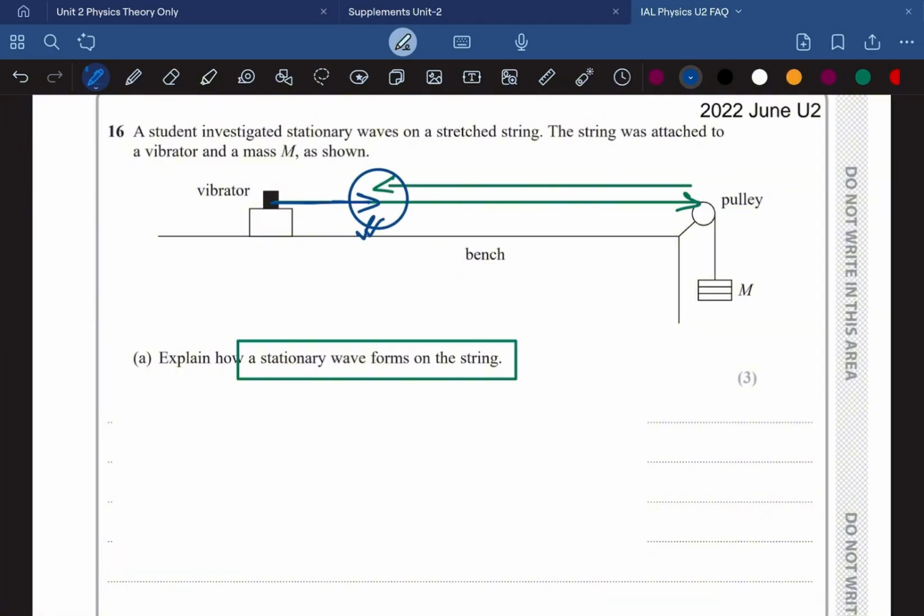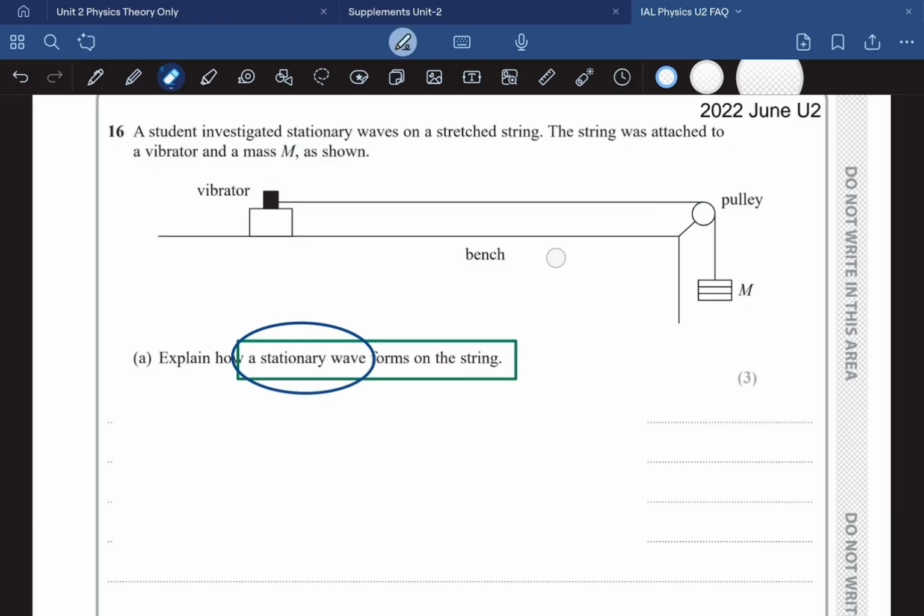One is the reflected wave and the other one is the second progressive wave, and that superposition will produce a stationary wave, or you can also say there will be an interference between them.